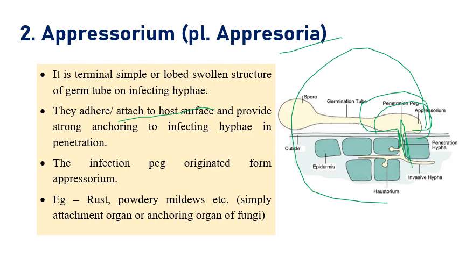The penetration peg, as I told you, originates from this Appressorium. For example, Appressorium is produced by many kinds of pathogens like rusts and powdery mildews. We can simply say it is an attachment organ, nothing else.